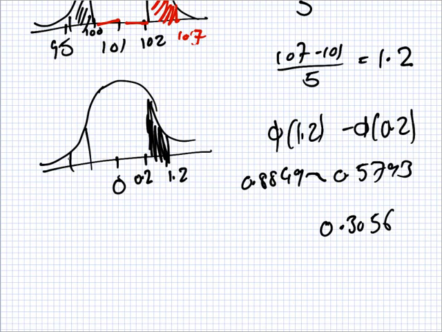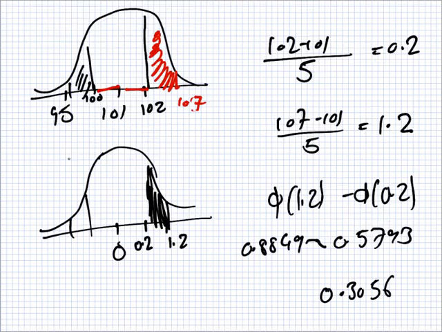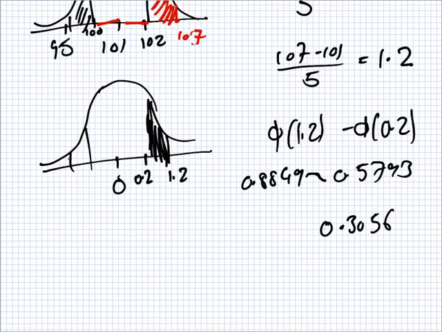Wait, hang on. No, you can't do it that way anyways. Why? Because remember the formula for the z-score is your number minus the average, divided by the standard deviation. 95 minus 101.